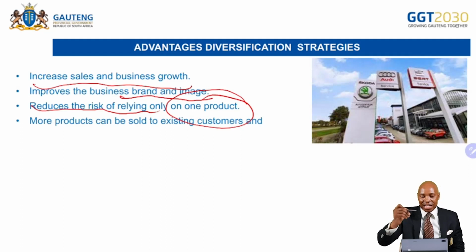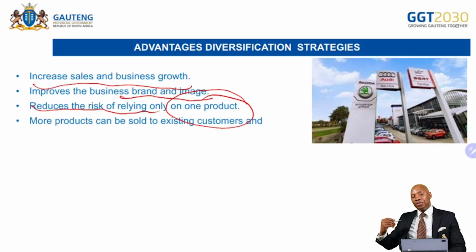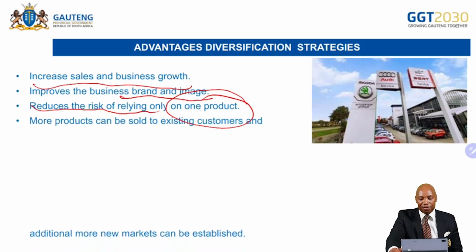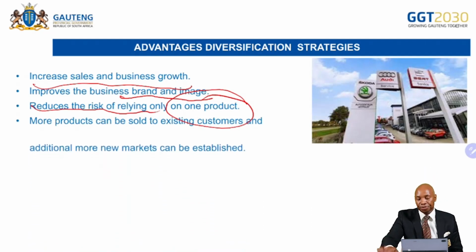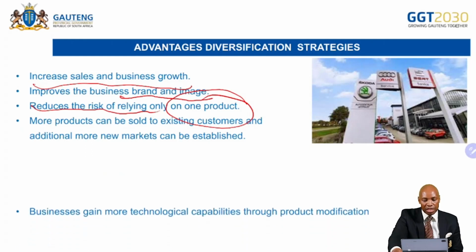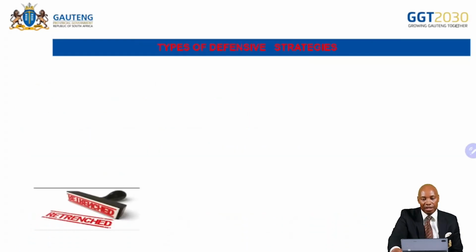That is why I said to you, with your diversification strategy, we differentiate the products that we are selling so that we do not rely on one product. So candidates, these are your advantages of diversification strategy. It's important that you know these advantages thoroughly.